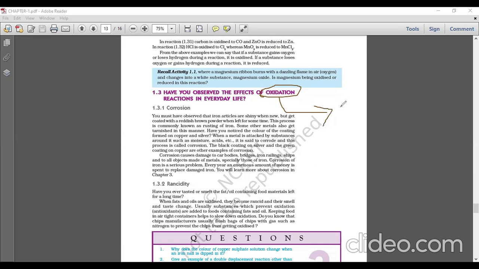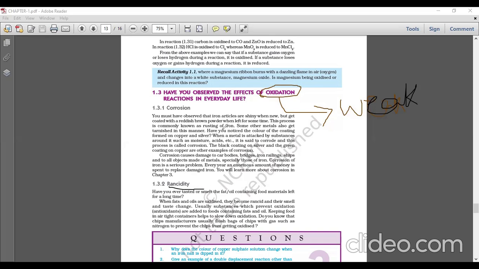If they get oxidized, their strength becomes weak. You can easily break the iron nail. The strength of the metal becomes weak. These are the effects of oxidation. One is corrosion. Corrosion means forming a layer on the surface of the metal when exposed to moisture or oxygen.